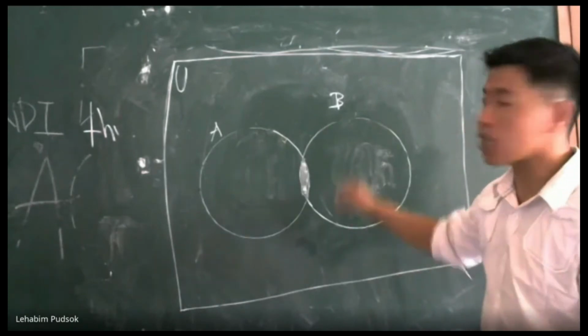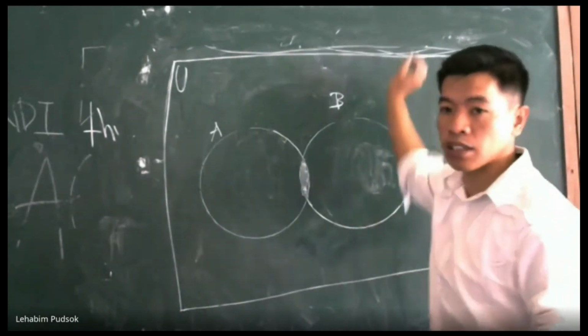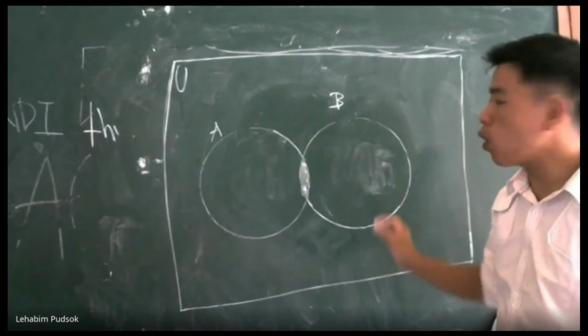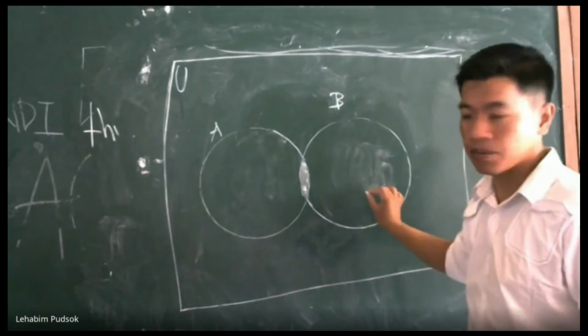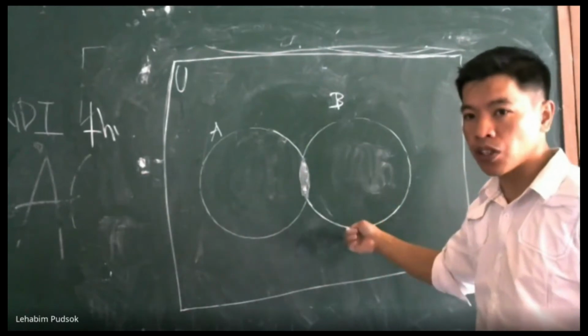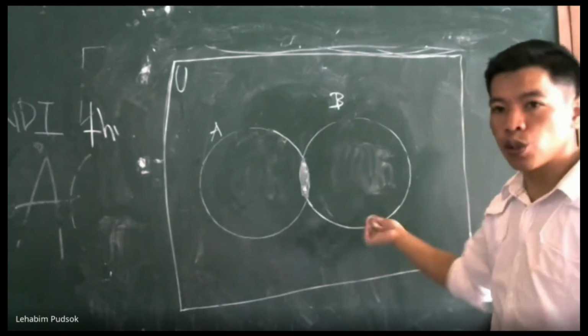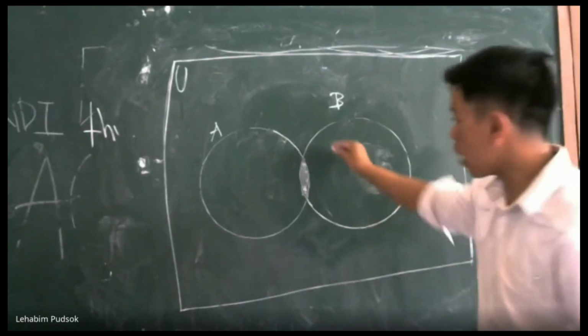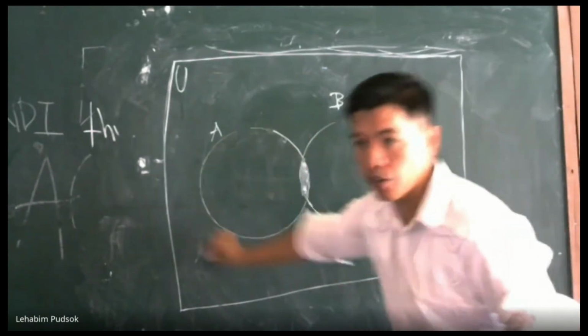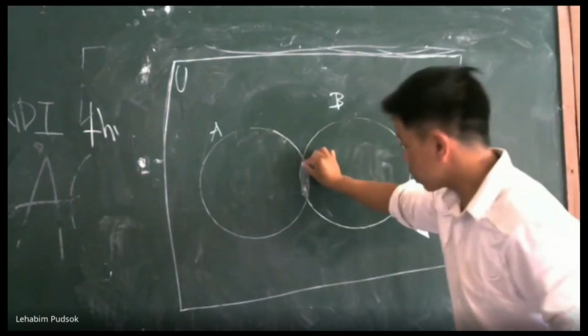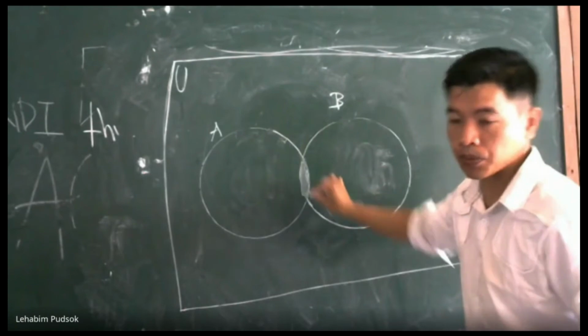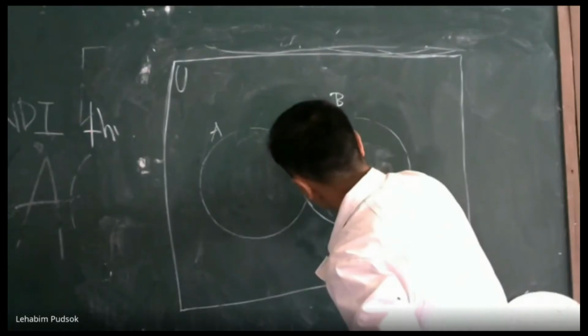That is the same as what I discussed a while ago, but a while ago I used numbers. Here, for interpretation, we just use no elements, but according to the Venn diagram, it says that A intersects B in this shaded part. Okay, next.